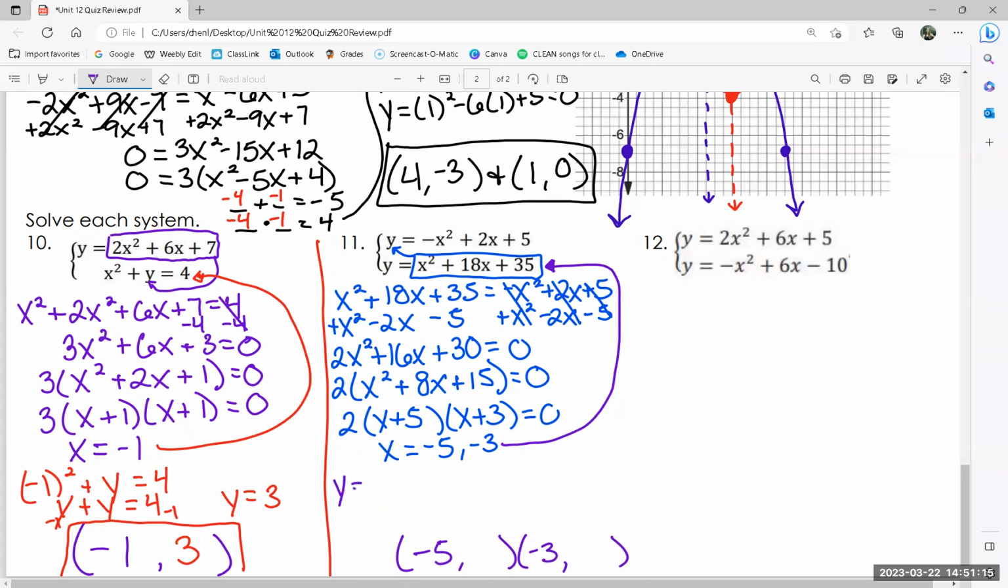So plugging in a -5. I plug this into my calculator. So we have a -5 squared is 25 plus 18 times the -5 plus 35. That would be a -30. Okay, then we're going to plug in y equals our -3.